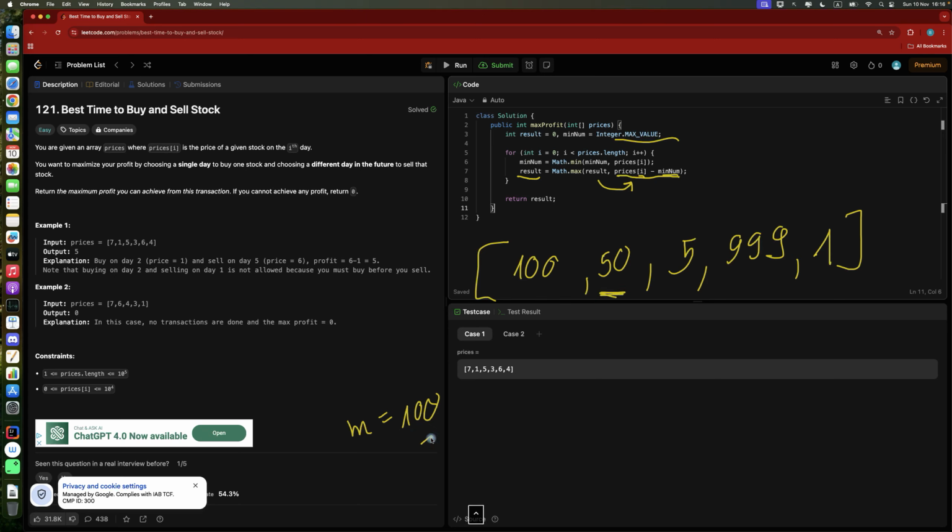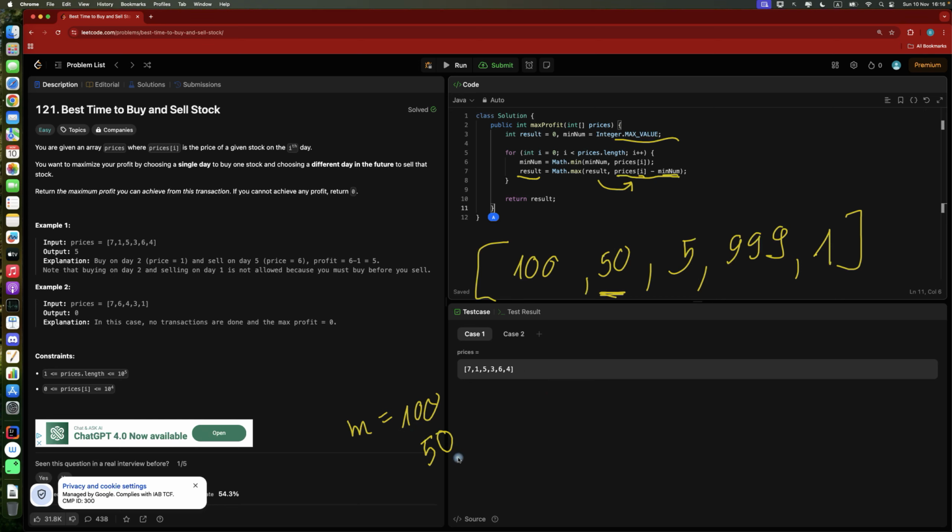Then we will be standing here, and okay, the min number will be 50. Okay, and 50 minus price i will be 50 minus 50, it will be 0 again, the result will stay 0.